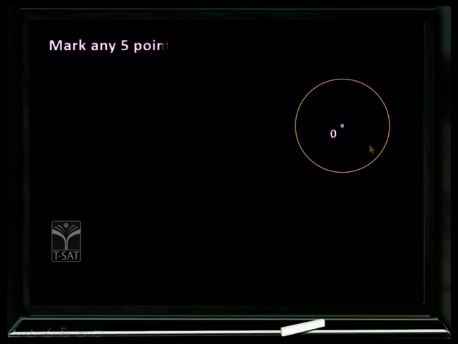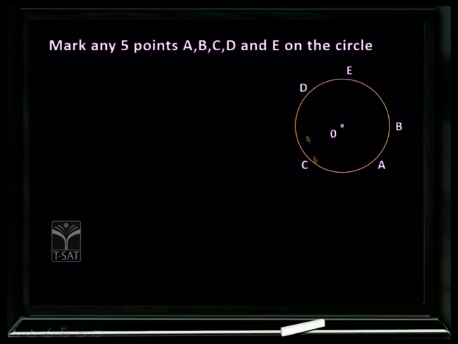Now, students, make any 5 points A, B, C, D, E on the circle. So, this is the circle, and the points are A, B, C, D, E. Join these points to O: OA, OB, OC, OD and OE. If you observe, the length of every line is 5 centimeters.